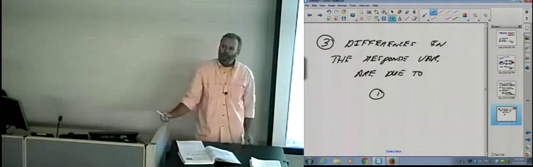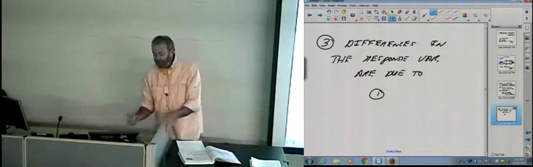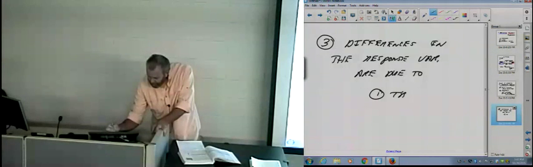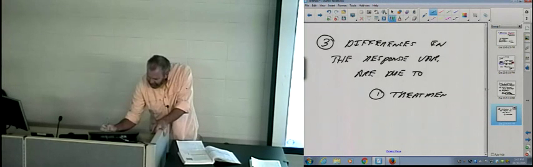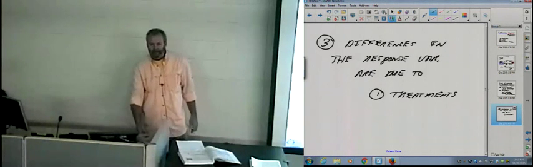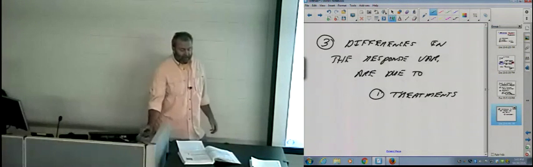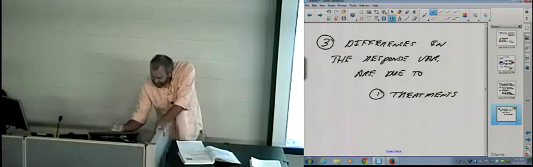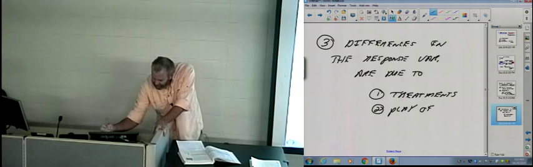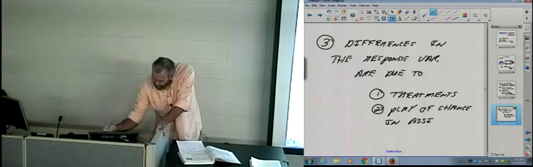There's a 1 and a 2. We're hoping for number 1: differences that are large enough that they're actually due to the treatments. That's why we did the experiment to start with. But there's a number 2, and the number 2 is the play of chance in assigning the subjects.